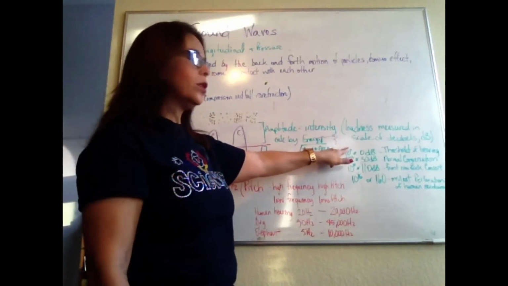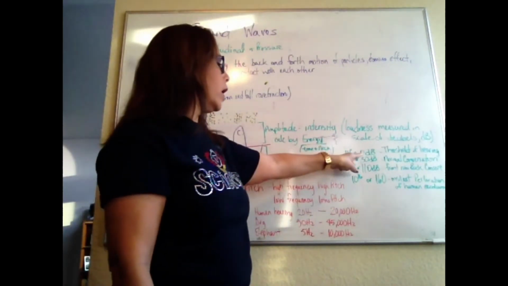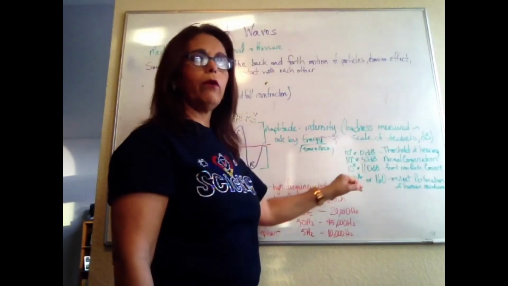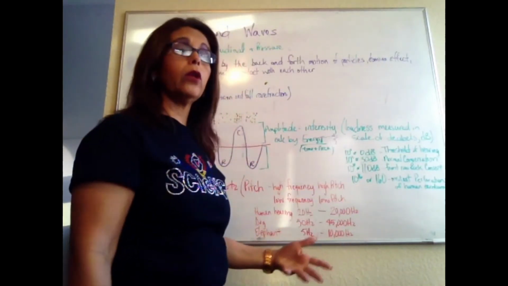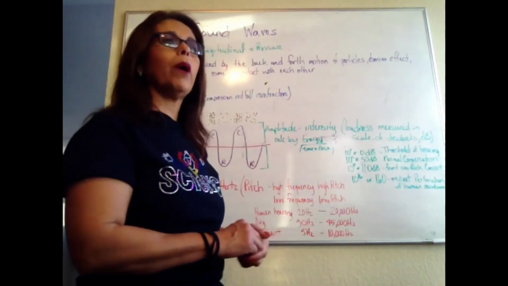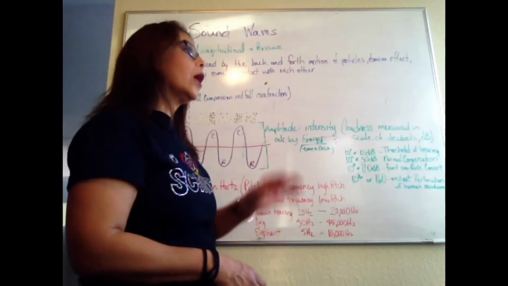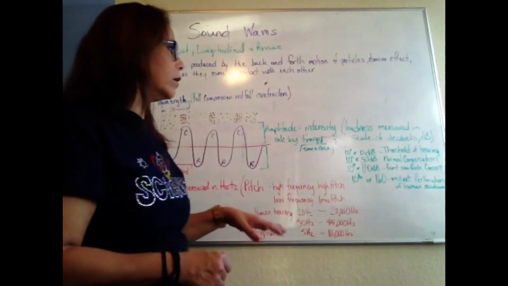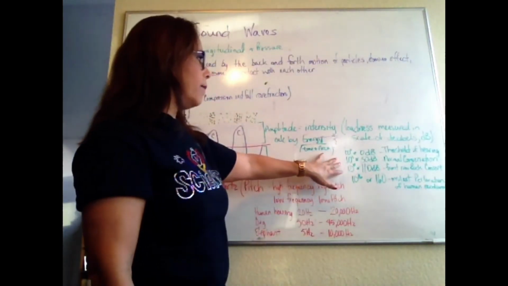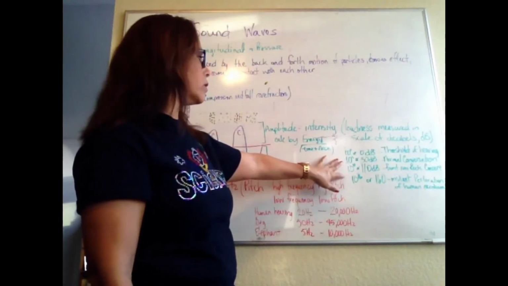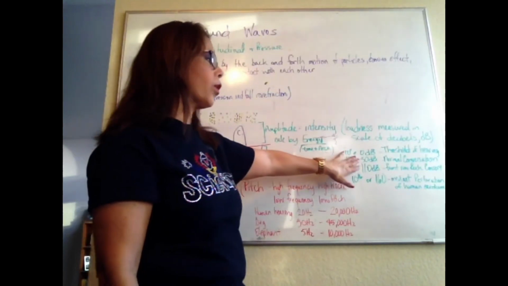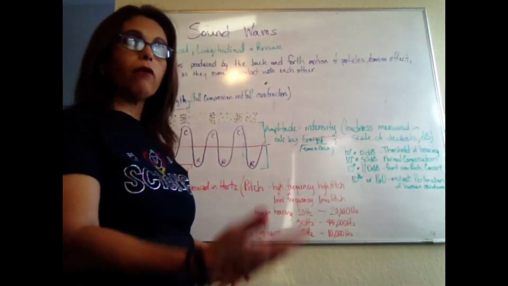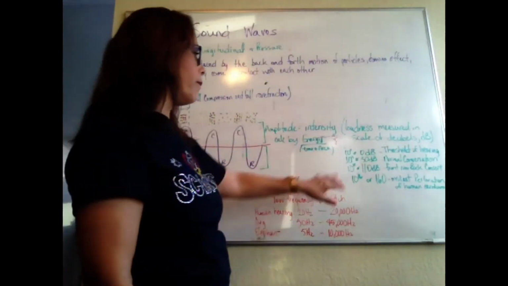So at 10 to the 0, which is really 1, or 0 decibels, we have the threshold of hearing. In other words, it's the most minimal amount of sound that you can hear, like a safety pin dropping, those very, very light tones. Now, normal conversation is at 10 to the 3rd power, or 30 decibels. So that's the normal conversations that we have with most people.